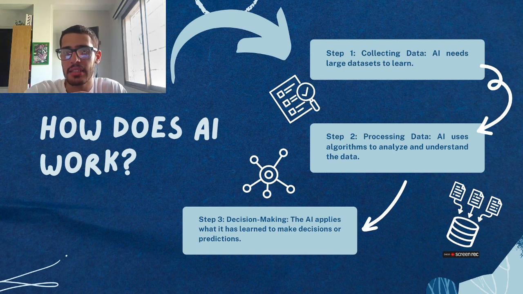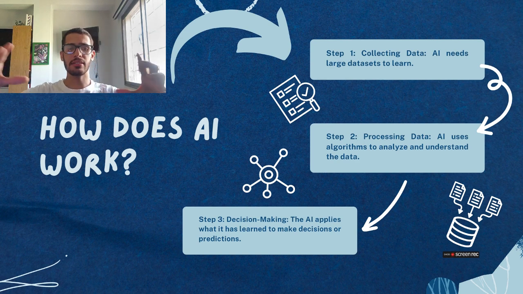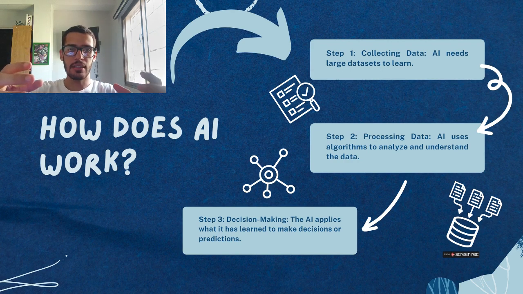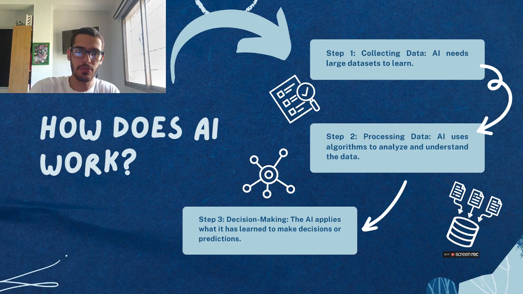The first one is the collecting data part, because AI needs large data sets to learn, so AI collects and gathers that set of data. Most of the time, like in chatbots, there's human intervention, like humans give the AI those databases from which the AI takes information, but it collects the data.